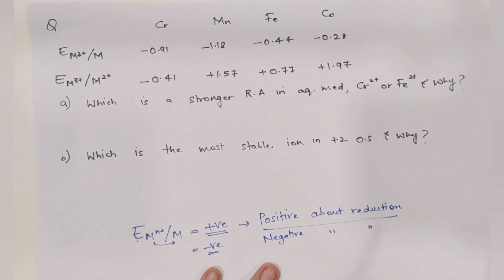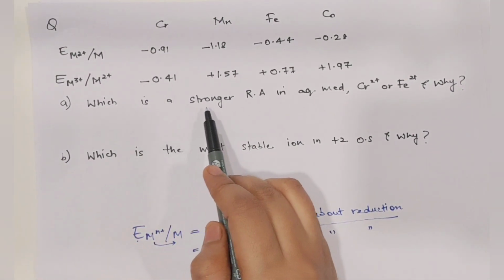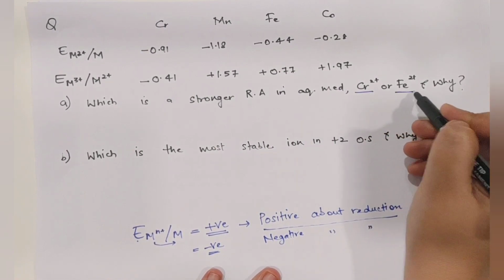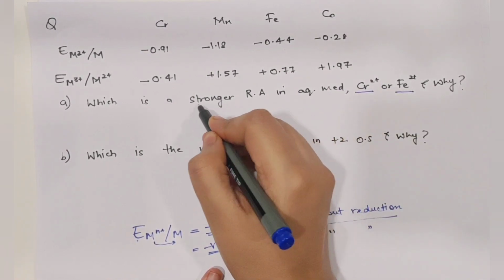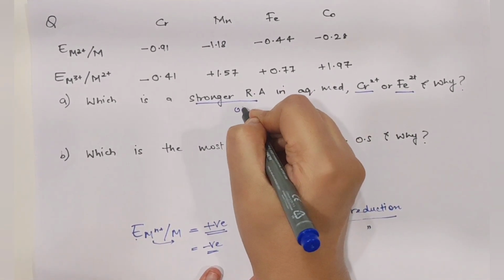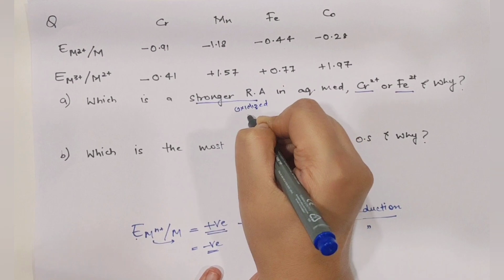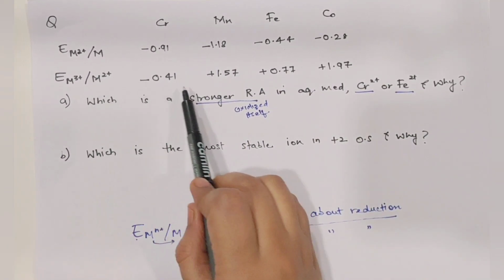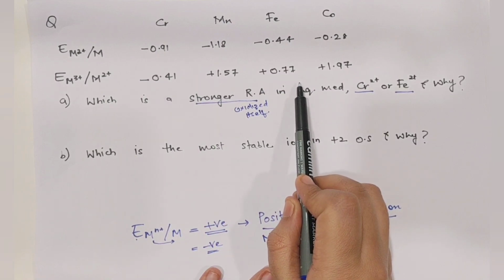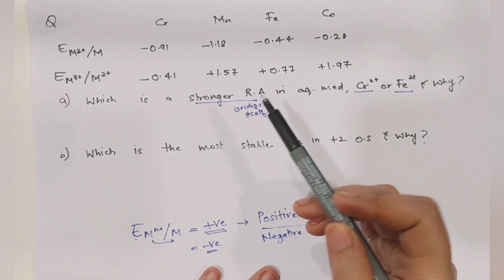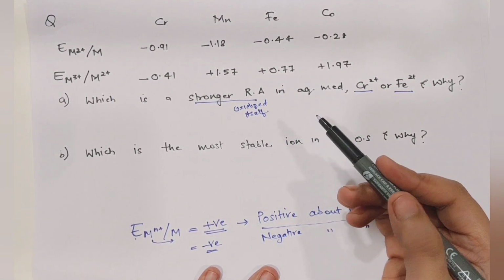Now, which one is a stronger reducing agent in aqueous medium, chromium 2+ or Fe2+? A reducing agent has to get oxidized itself. So let's compare these values. These are reduction potentials, and we want to see how likely they are to get oxidized.